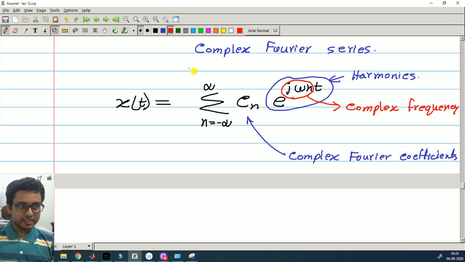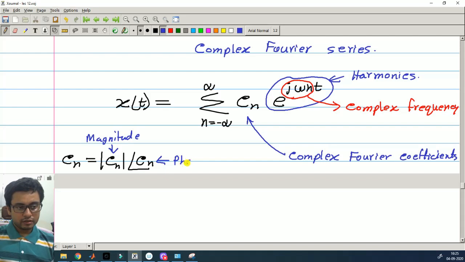These coefficients Cn can be written as the magnitude with the angle of Cn. These are all complex numbers. This is called the magnitude, and this is called phase.